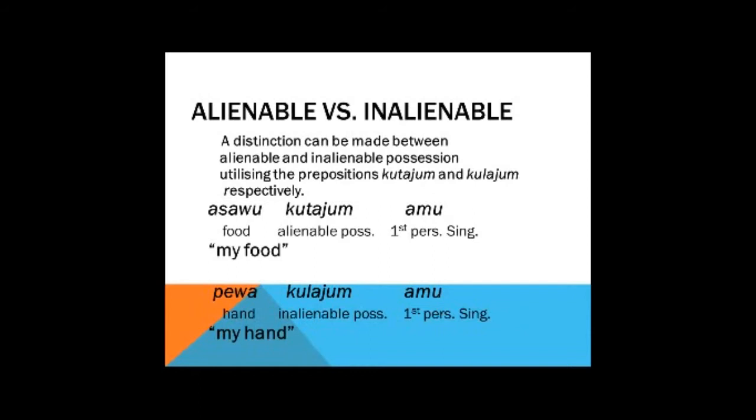So my hand, at least under conventional circumstances, that's not going to become your hand, so it's inalienable. If you want to emphasize this distinction in Latropeth, you can, using the prepositions kotayom for alienable possession and kulayom for inalienable possession. Examples: asawo kotayomamu, my food; pewa kolayomamu, my hand.